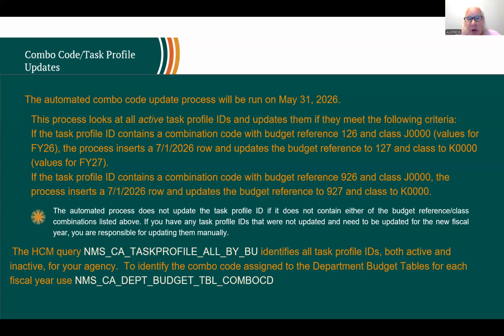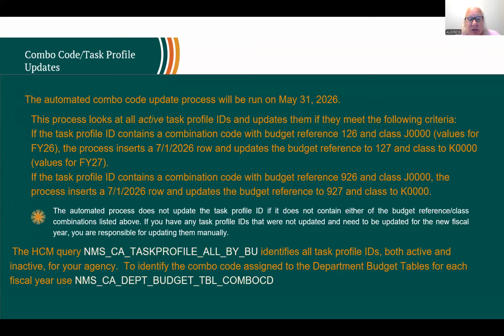So when it posts, it's going to post it with the FY26 bud ref and class into FY27, which is going to create a journal entry that you will then have to manually adjust. So please make sure that we are as proactive as we can be in getting these task profile and combo codes updated for the appropriate bud ref and class for FY27 before July 1st.